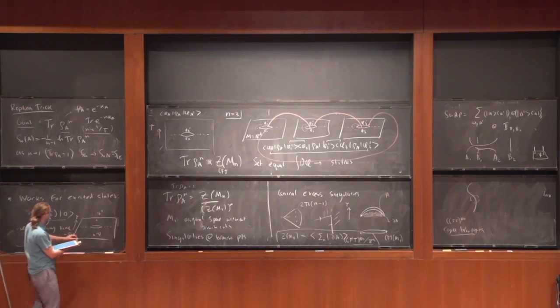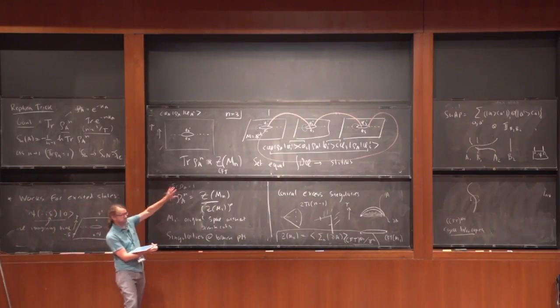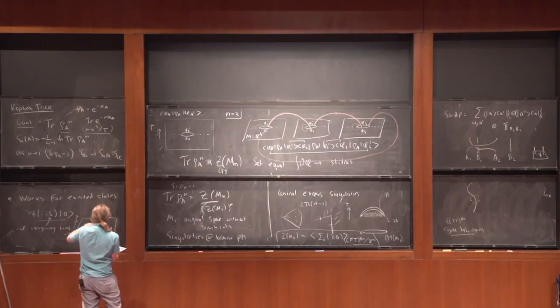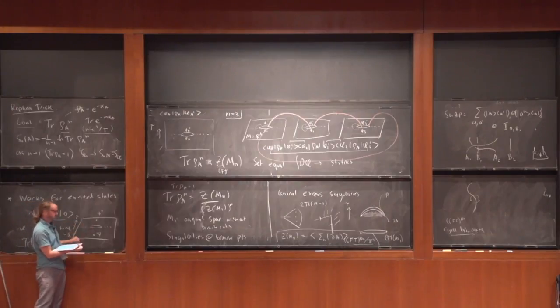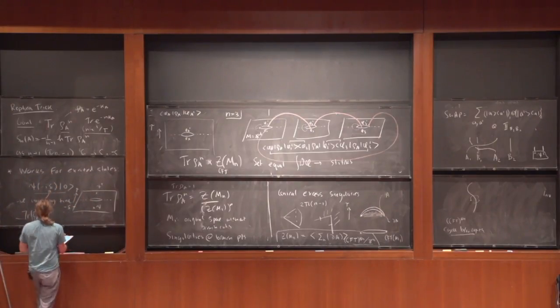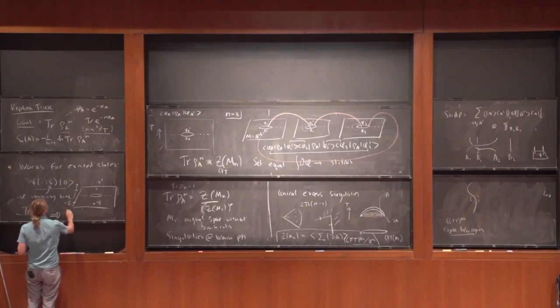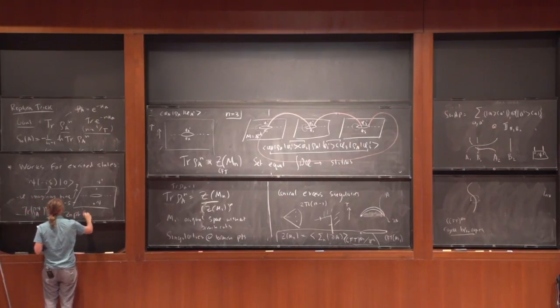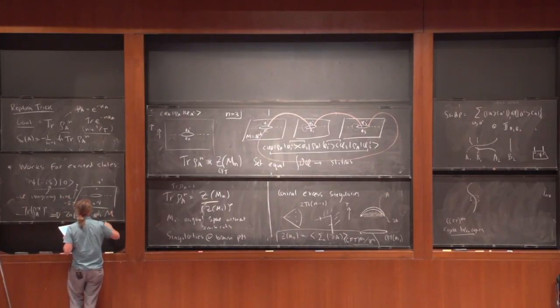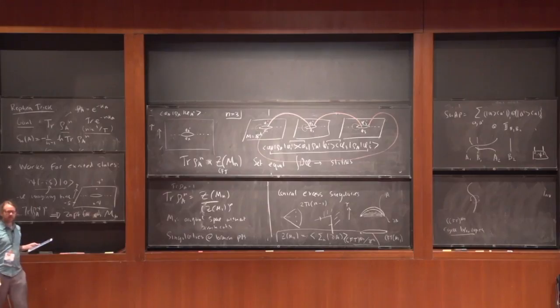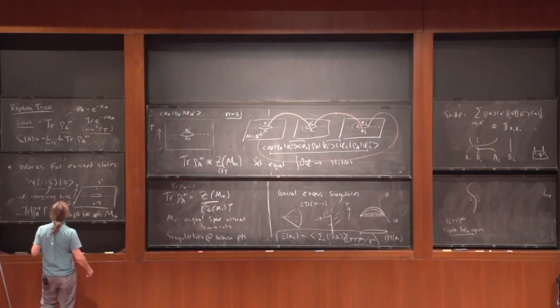Then you need to replicate this n times if you want to compute trace rho to the n for this excited state psi. You need to replicate each of these operator insertions as well, and the result, this might sound a little daunting, is a 2 endpoint function on this non-trivial space Mn. That's one thing you can do.